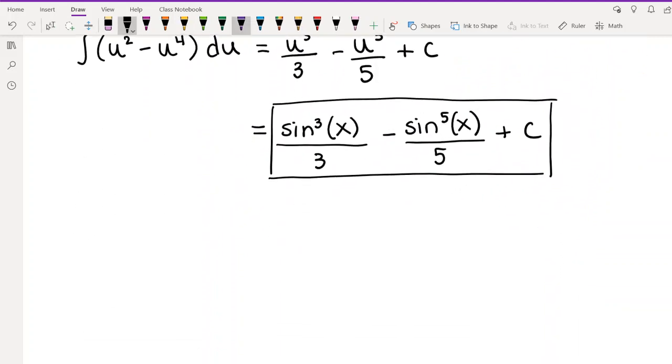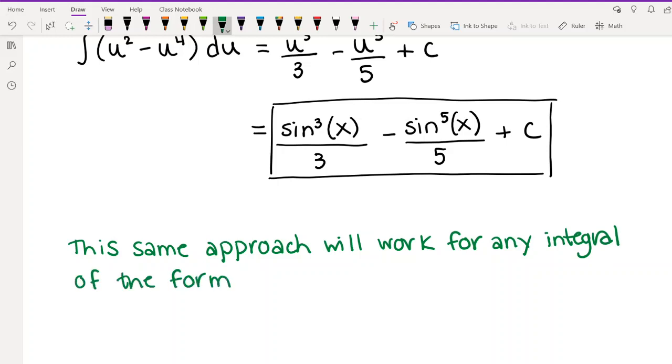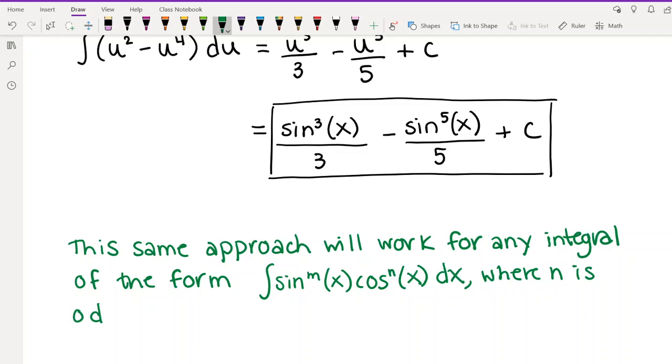So this same approach will work for any integral of the form, the integral of sine to the m of x times cosine to the n of x dx, where n is an odd number. And so why does it have to be odd?